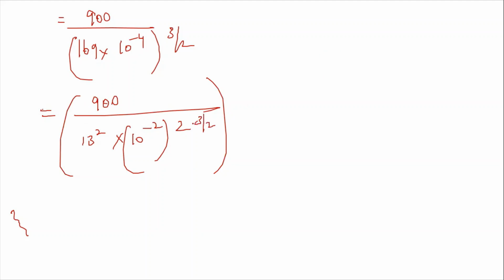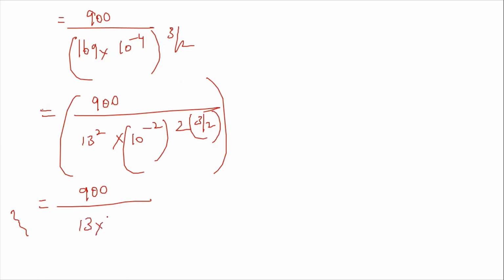So the denominator will have this 3 by 2. Okay. Now 900 divided by, see, now you can take the 13 square, right? Okay. 10 power minus 2 the whole square.